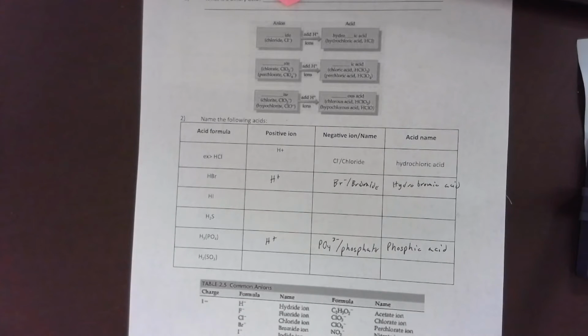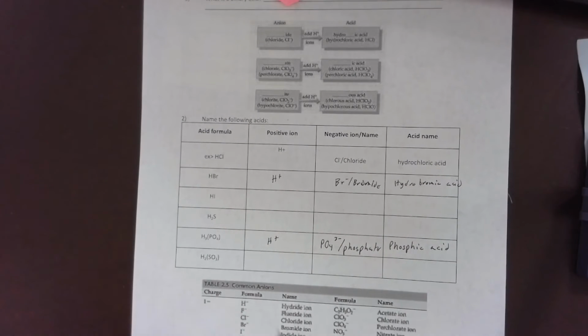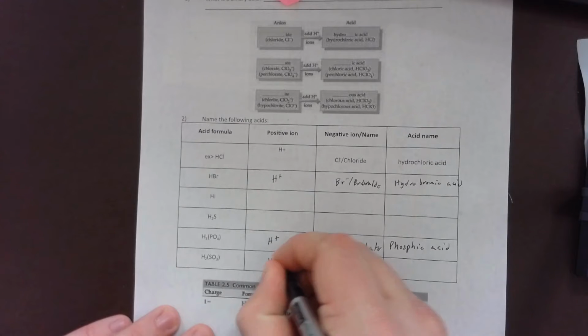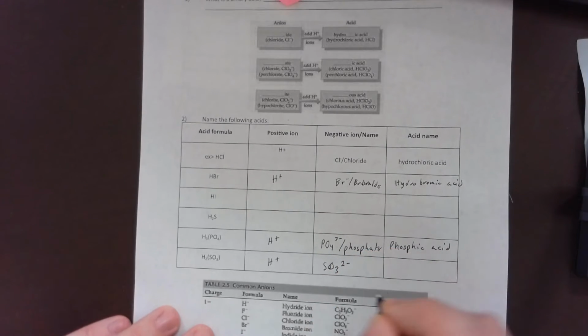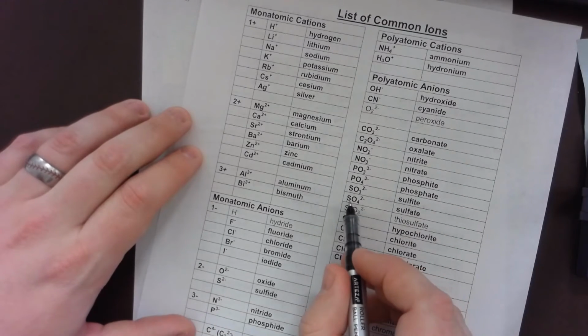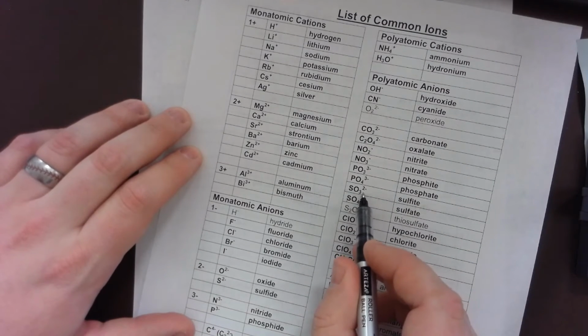All right. And if we look at this one, we still have an H plus. So that is going to be an SO3 2 minus. If we go look at our list, we see SO3 2 minus is going to be sulfite. So now we have an ite.